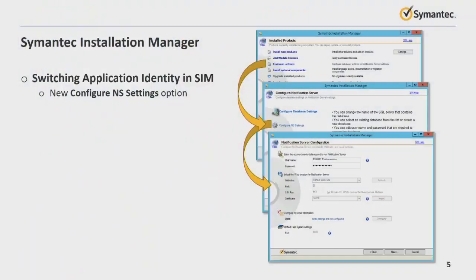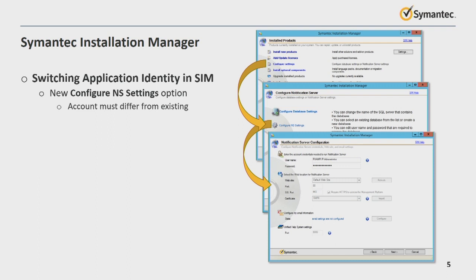So what we've done is we've added a new configure NS settings within the SIM, and there's a few things you need to know about it. Again, it's just accessible from the SIM going into the configure notification server settings, and that takes you into all the proper things you'd have to change. Okay, so you have to know that the account must differ from the original, right?